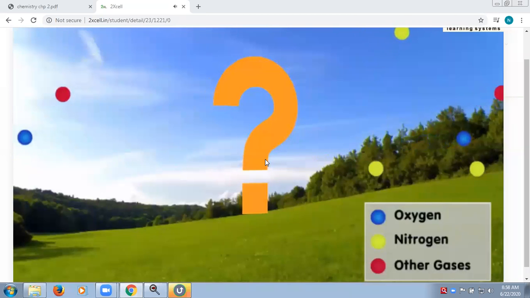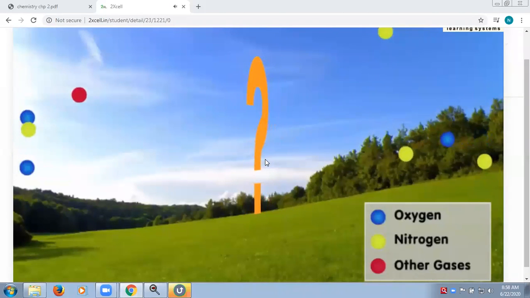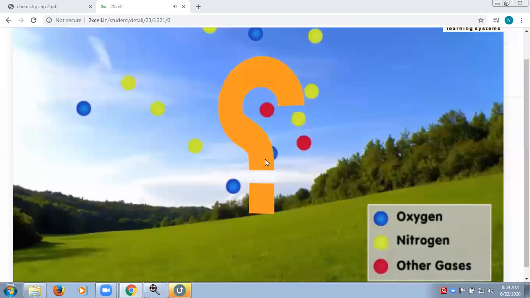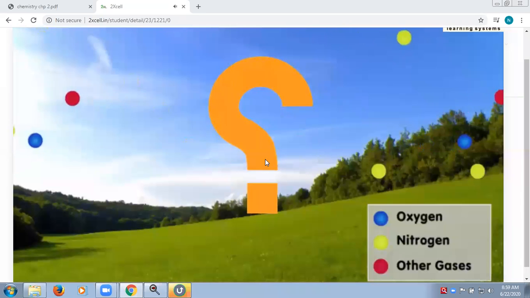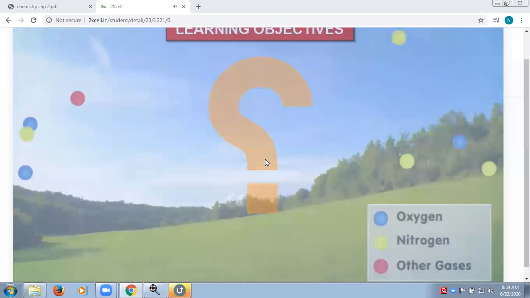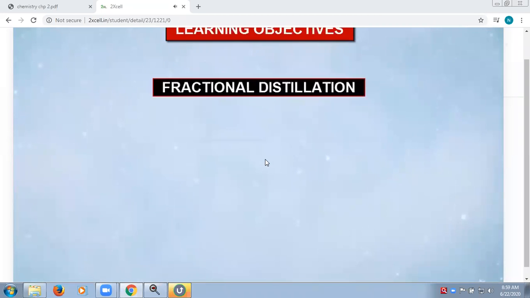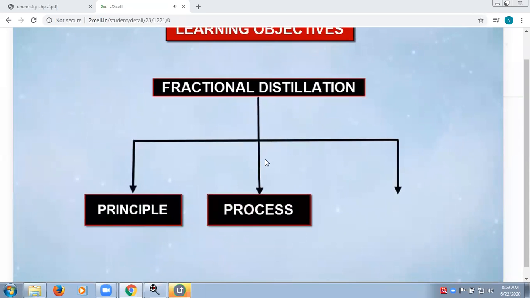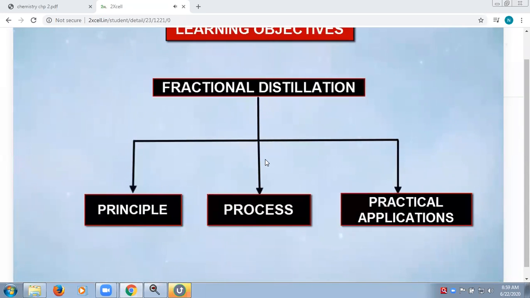Do you think it is done by simple distillation? Let us go through this module to find out the answers to these questions. In this module, we will discuss fractional distillation and its principle, the process of fractional distillation, and its practical applications.